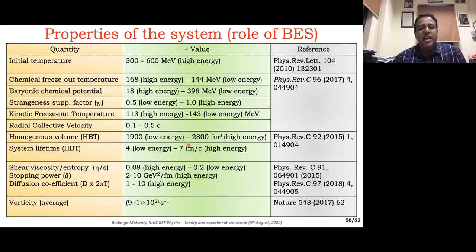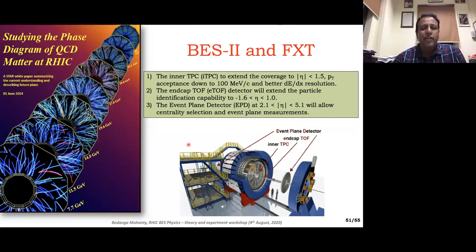What we can do, quickly in 2 slides, with BES phase 2 and fixed target is improve the precision and increase the range of the measurements. Using detector upgrades, we can go to higher rapidity with particle identification and better measurement of centrality and event plane.